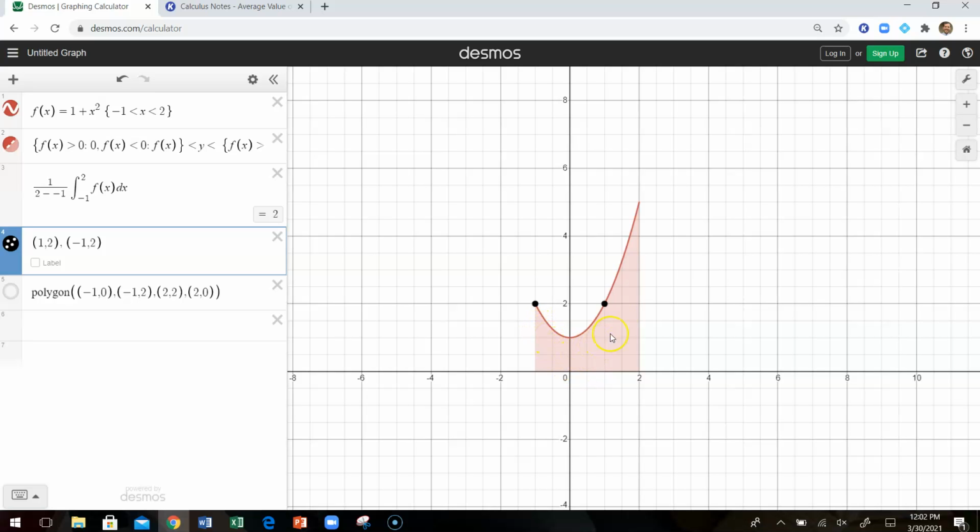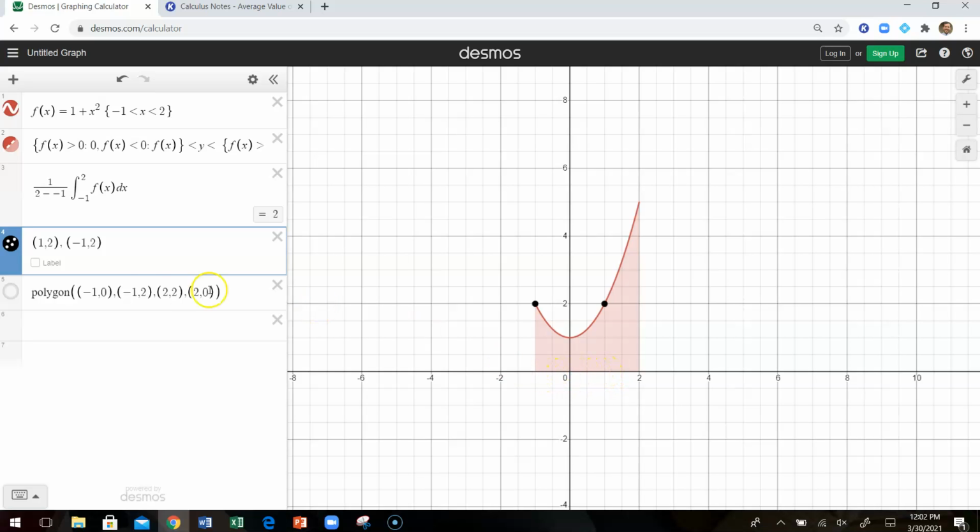But if I want to find that exact value using average value, we found that the average value was 2. We also determined that the average value happens at an x-coordinate of negative 1 and also at 1.